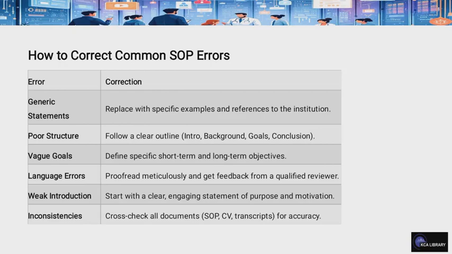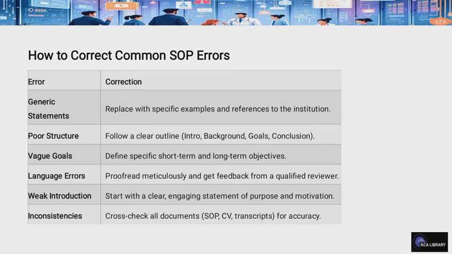How to correct common SOP errors. For generic statements, you replace them with specific examples and references to the institution, just like the ones we gave about 2 slides ago. For poor structure, you correct it by following a clear outline, just like it has been given before. For vague goals, you define specific short-term and long-term objectives.